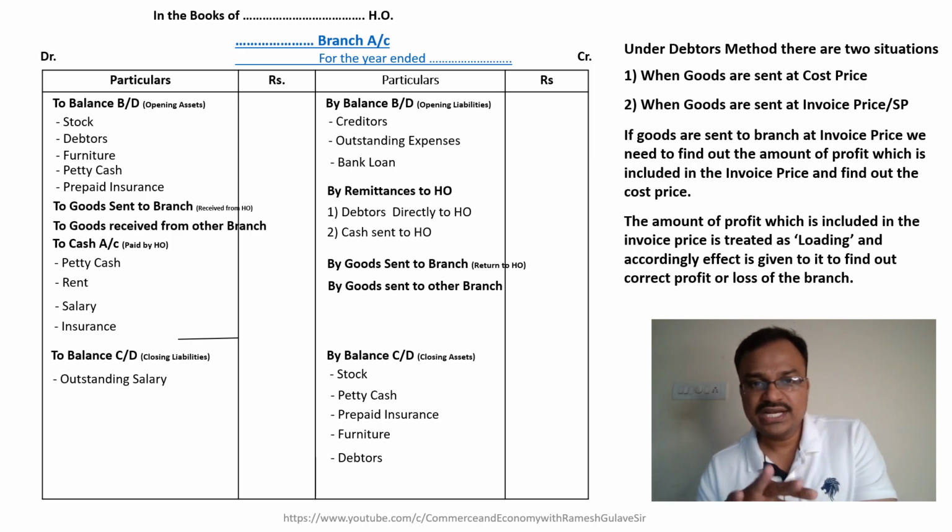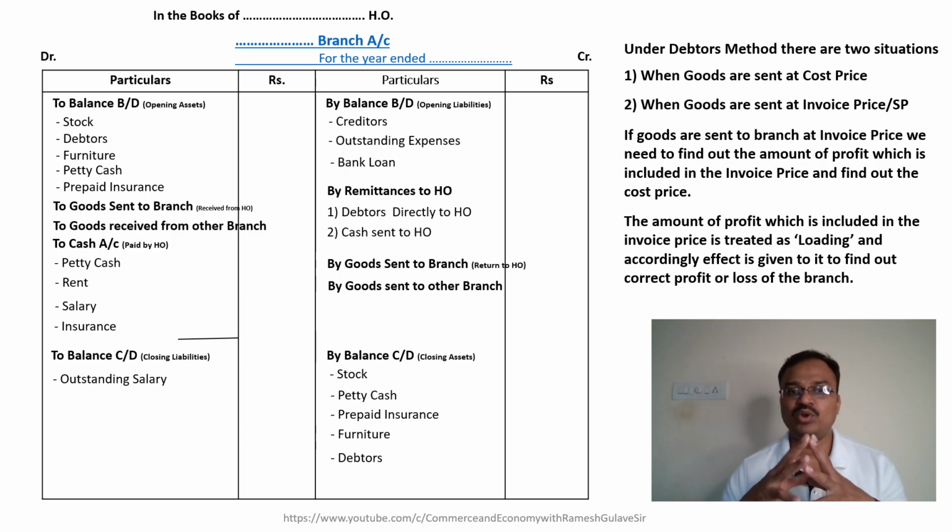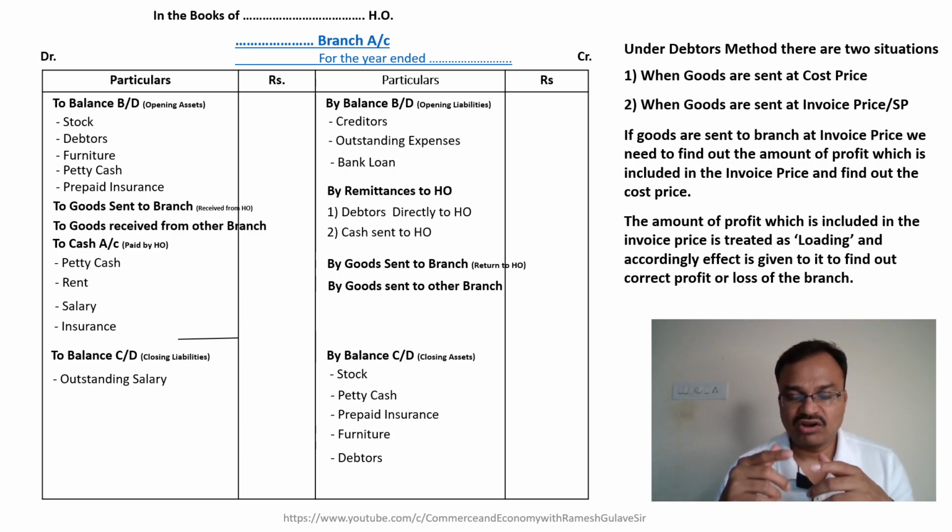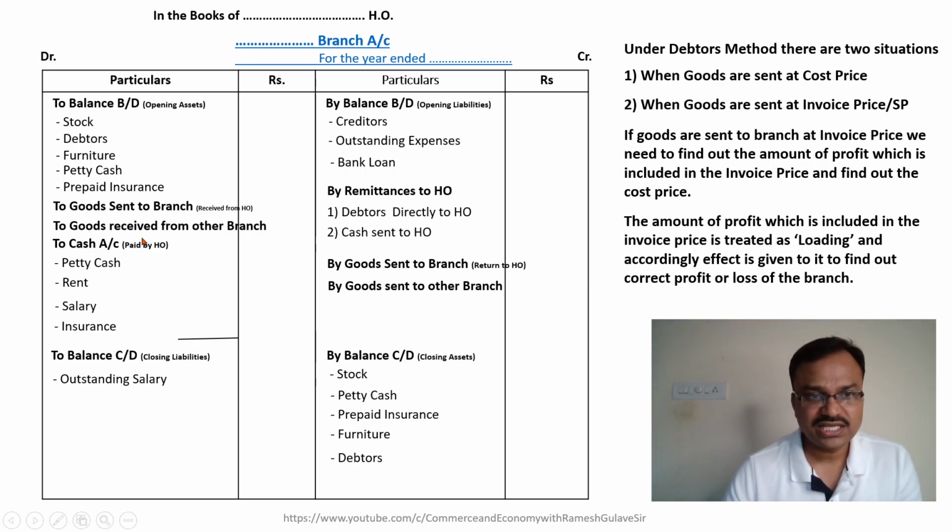Okay, so accordingly we need to give effect of loading which is there on the opening stock, closing stock, goods sent to the branch, and goods returned by the branch. Okay, so generally loading is there on these important points. Along with this, if goods are received from other branches and if these goods are at selling price, we need to calculate the loading on that.